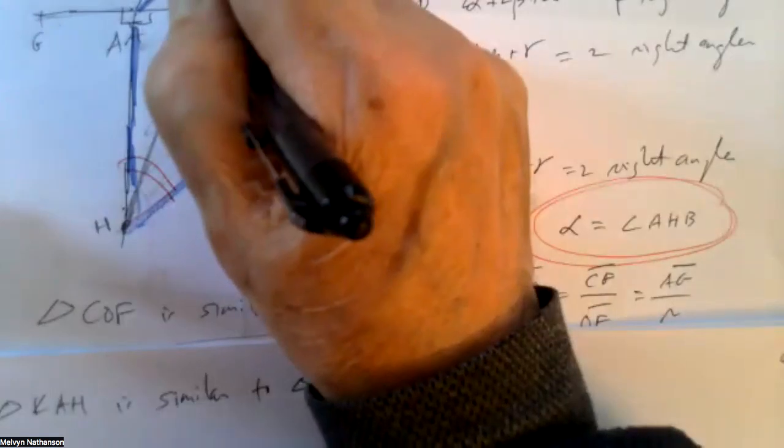This is the point K, where the line from O to H crosses the AB line. KAH, that's this triangle.